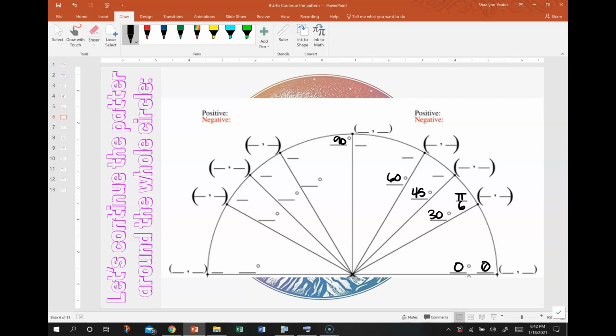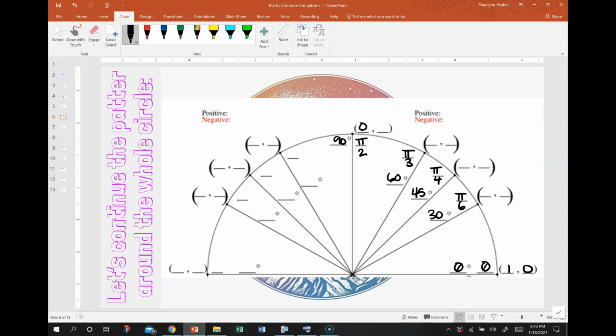It's a sixth of half the circle. And this will be pi fourths, because it's a fourth of the circle. This is pi thirds, because it's a third of half the circle. And this is pi halves, not pi over pi. Pi halves.